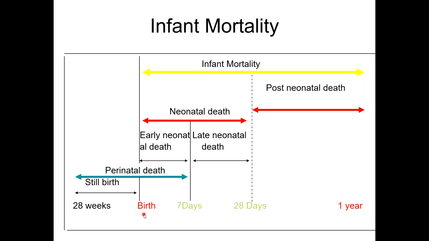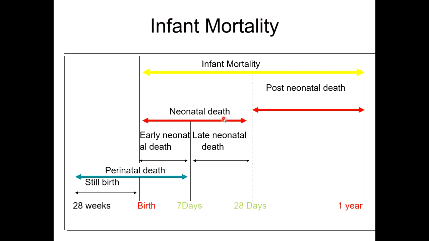From birth to 28 days of life, this period is known as the neonatal period, and during this time the death of the child is labeled as neonatal death. So all deaths which occur from birth, if it was a live birth, up to 28 days of life, are termed neonatal death.